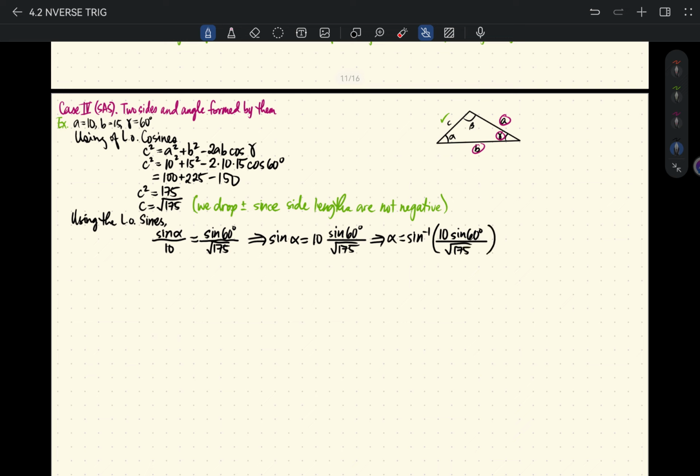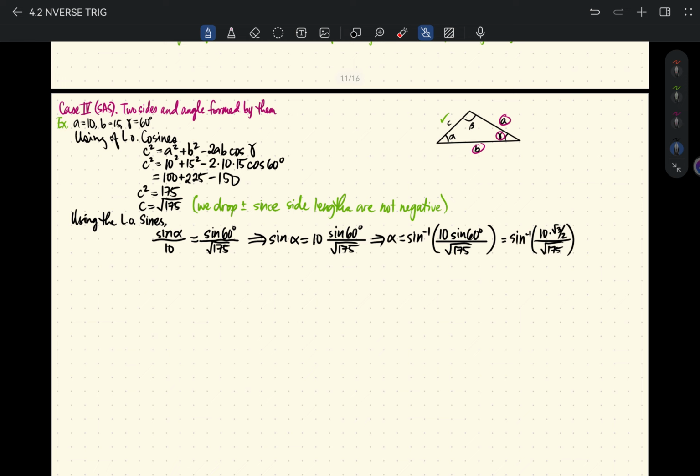But sine of 60 degrees is a special value, right? So we can easily obtain sine of 60 degrees. That's just sine inverse of 10 times square root of 3 over 2 over square root of 175.